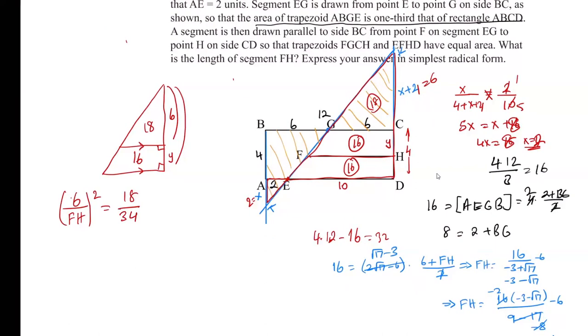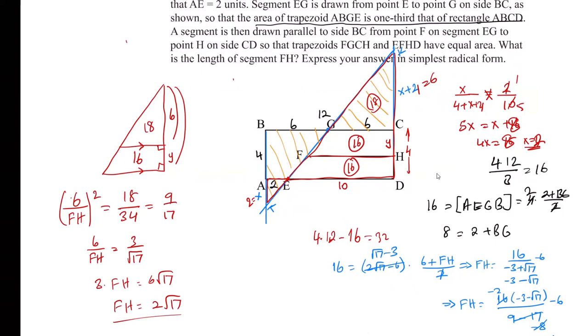If you simplify, you will get 9 over 17. If you take the square root, you will get 6 over FH equals 3 over root 17. Then if you do cross multiplication, 3 times FH is going to be 6 root 17, so FH is 2 root 17. And we are done.